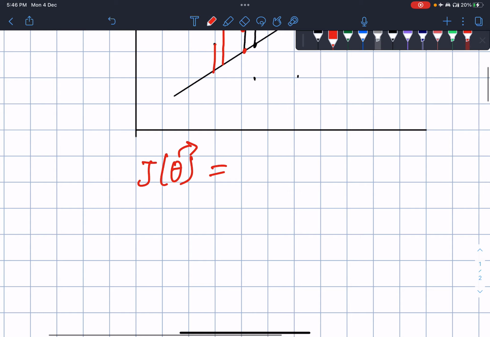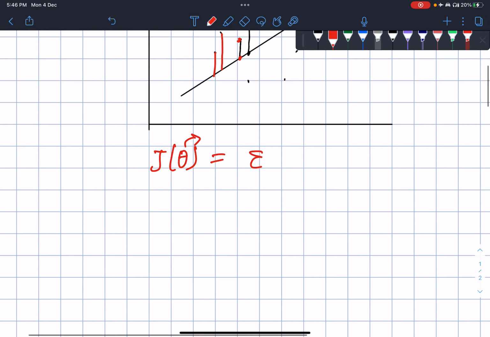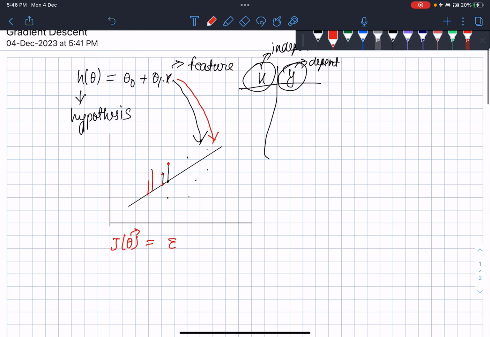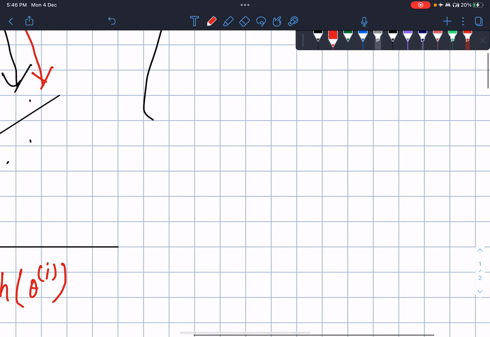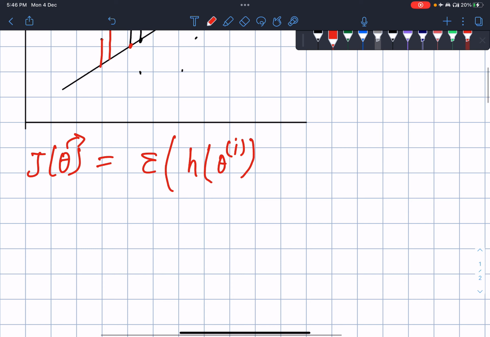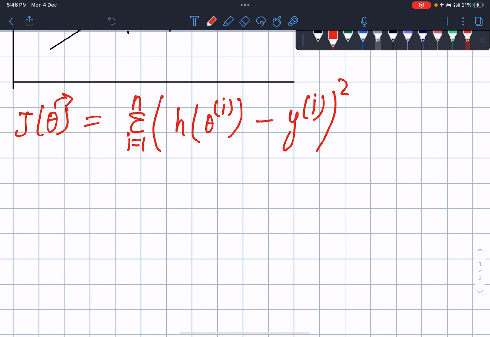For every iteration, for the n data points, we use the function h of theta of the ith term minus y i, from i to n, and we'll square it.